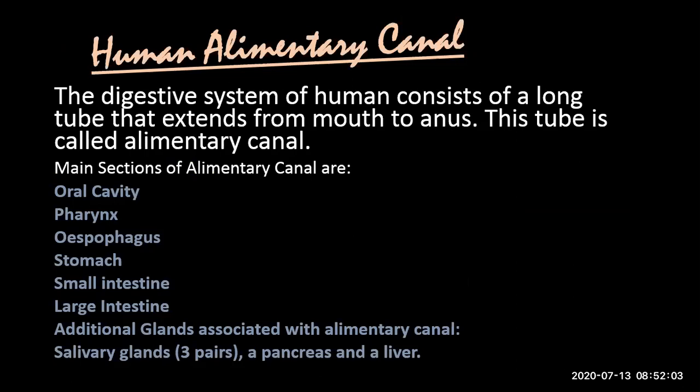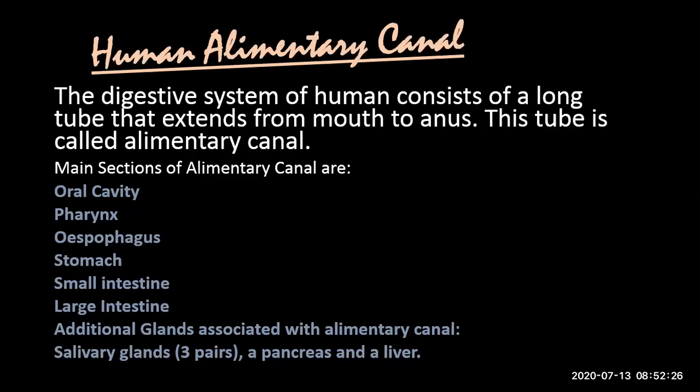That long tube starts from the mouth, which is the oral cavity, and then the esophagus. It goes to the stomach, small intestine, large intestine, rectum, and anus. This whole pathway of this tube is called the alimentary canal.